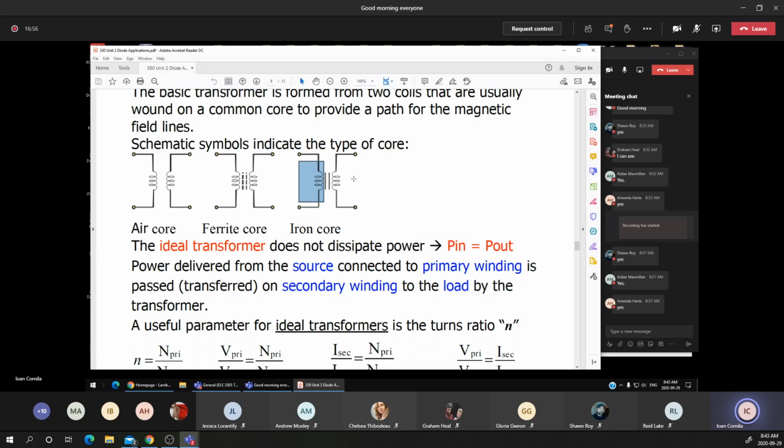Yes, in some cases I can reverse the two windings. It means that I can connect the right side to a voltage source, and that winding becomes the primary winding. If I'm connecting the left side of the transformer to a load, that winding becomes the secondary winding. Always, the primary winding is the winding that is connected to a voltage source. It can be the left side or the right side.